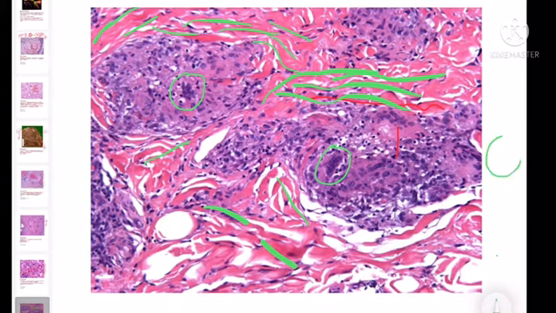Normally we can see a collar of lymphocytes, granuloma, some macrophages, necrotic material, but in this case there will be no collar of lymphocytes. So absent collar of lymphocytes means it's a naked granuloma. A naked granuloma can be seen in case of sarcoidosis.